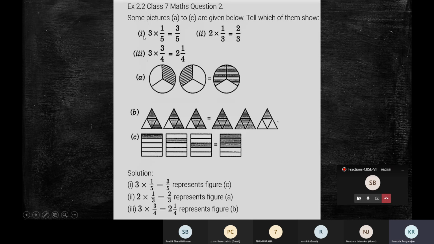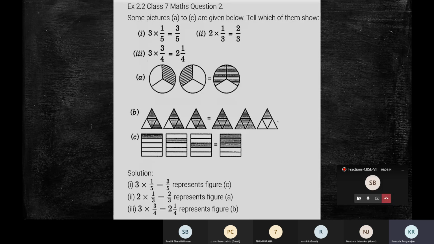So here what you're given is an equation. 3 into 1 by 5 is equal to 3 by 5. What is 3 into 1 by 5? 3 means 3 by 1, correct? Yes, ma'am. How do you multiply 3 by 1 and 1 by 5? Multiply the numerators: 3 into 1 is 3.